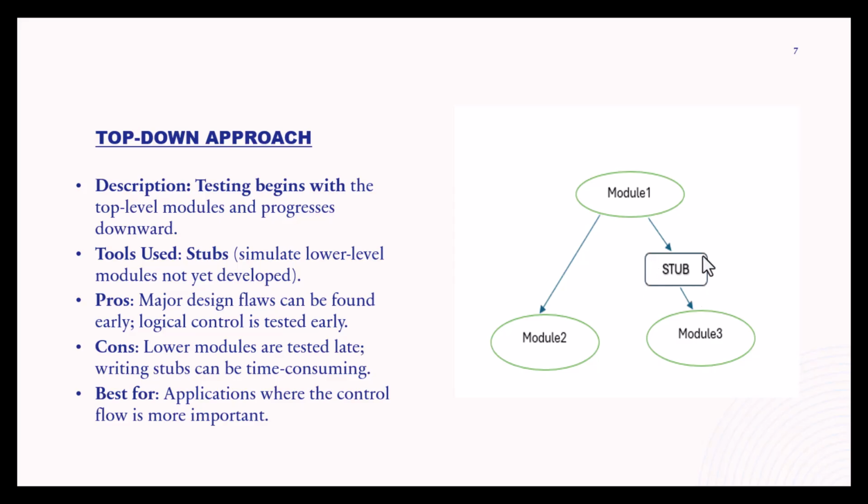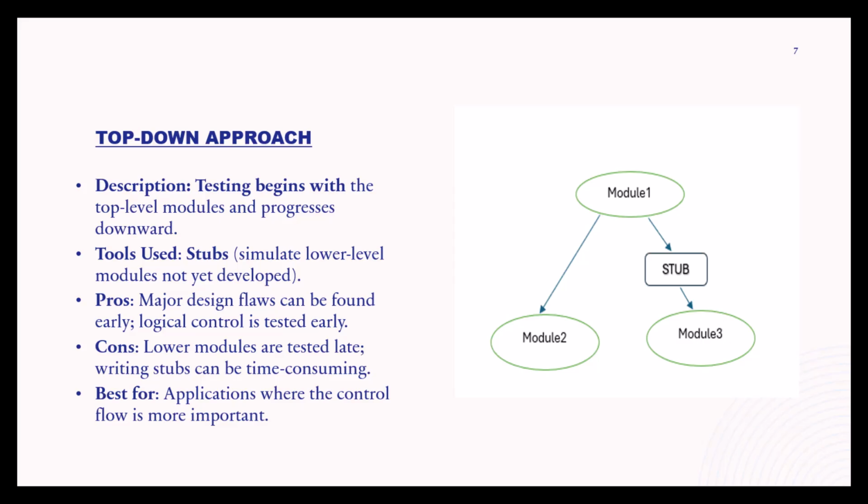A stub is nothing but a temporary module. This temporary module will be put in place of module 3, and we verify the integration between module 1 and module 2. Since those are already developed, we can verify from module 1 to module 3 or module 2 to module 3 through this temporary stub module.